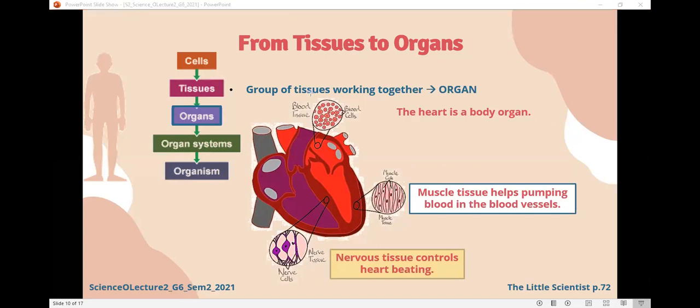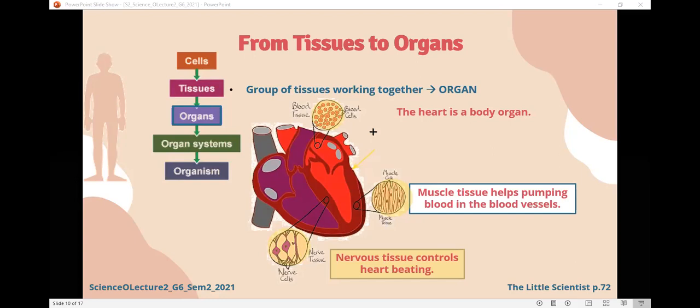So in the heart you have the blood tissue with the blood cells, the red blood cells, the white blood cells. You have the muscle tissue, the nervous tissue, and also on the outside you will find the epithelial tissue to line the heart.